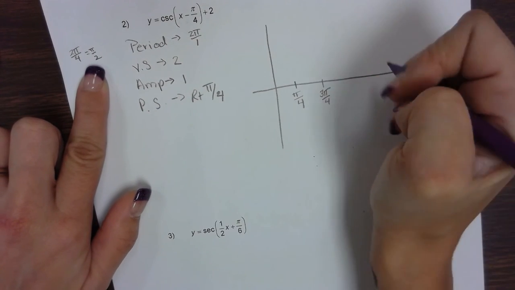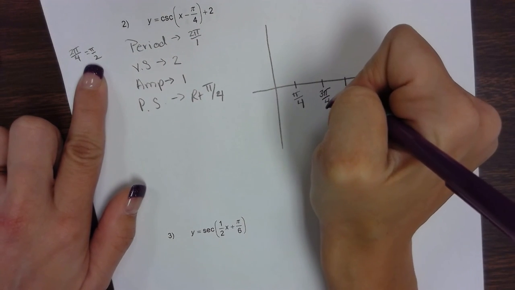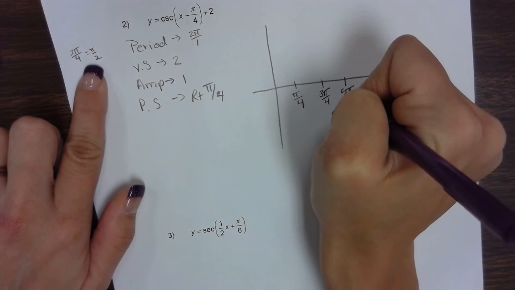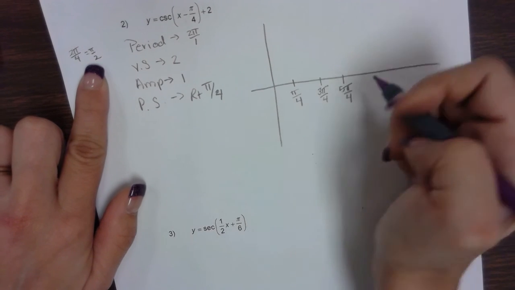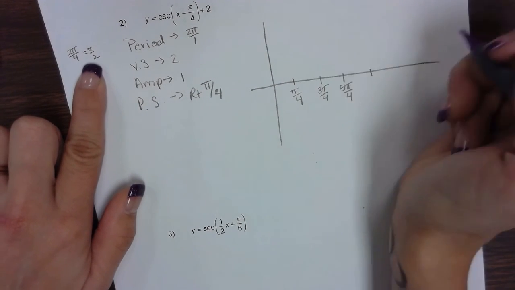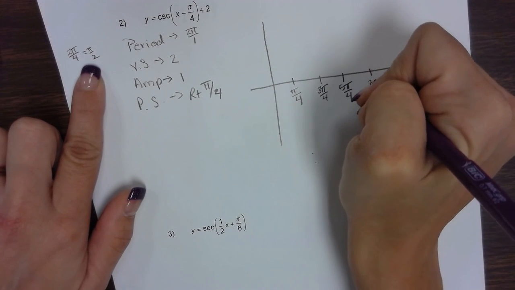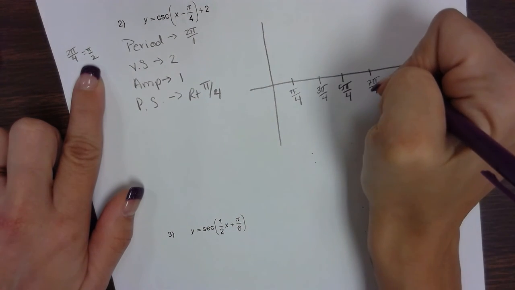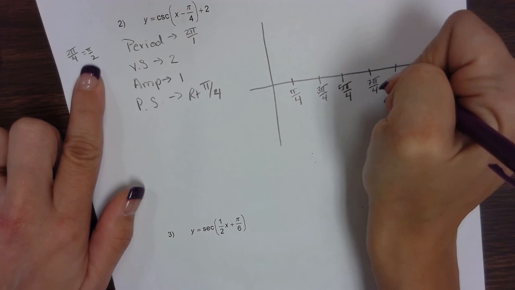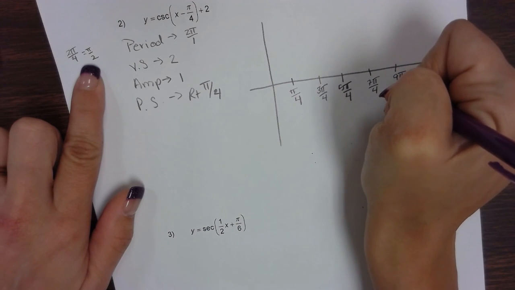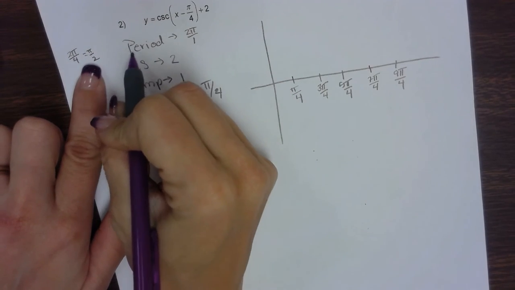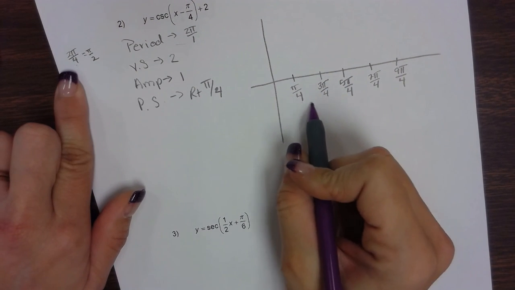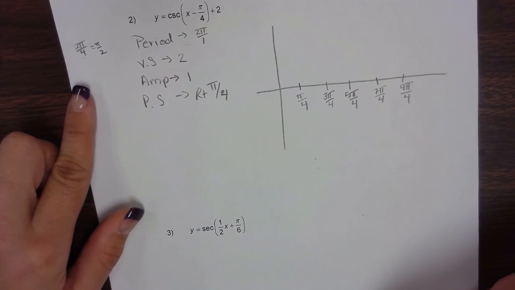If we add another pi over 2, we get 5 pi over 4. So that's 2 of them. Another pi over 2 gives us 7 pi over 4. We have to add one more. We get 9 pi over 4. So again, I can divide my period up into 4 equal spots and then add that each time to know where the next mark is.